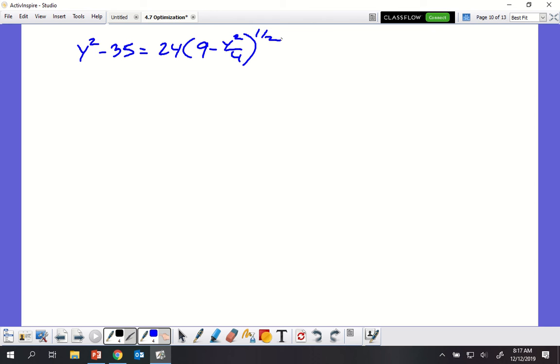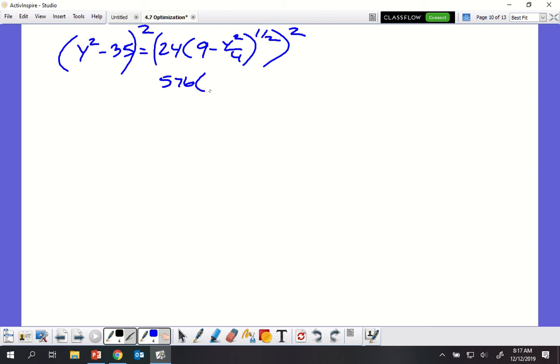So now, if I'm able to square both sides, this is going to become 24 squared, which is, I don't know, it's less than 625? 576.